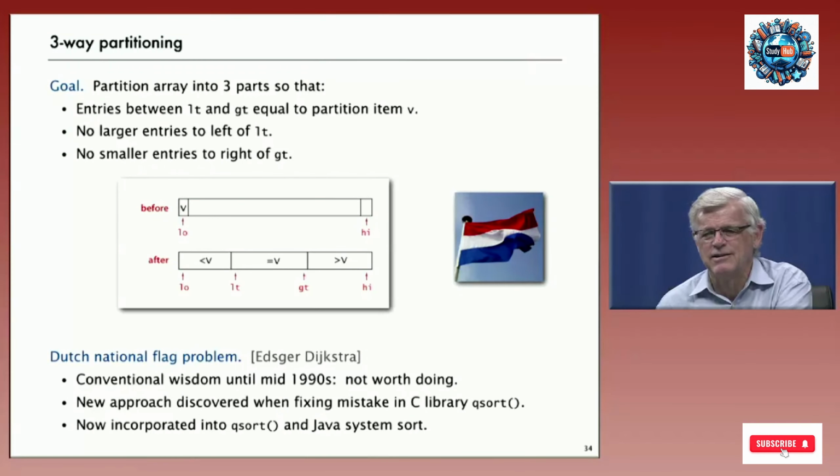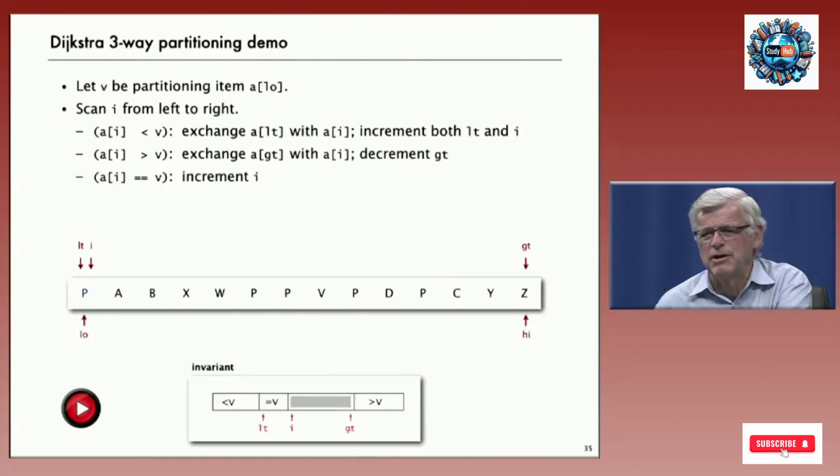But in the 1990s, we figured out that this was really going to be an effective way to sort. This came from looking at the Quicksort that a user found was broken. And now this method is incorporated into plenty of system sorts. So let's take a look at how it works with the demo.